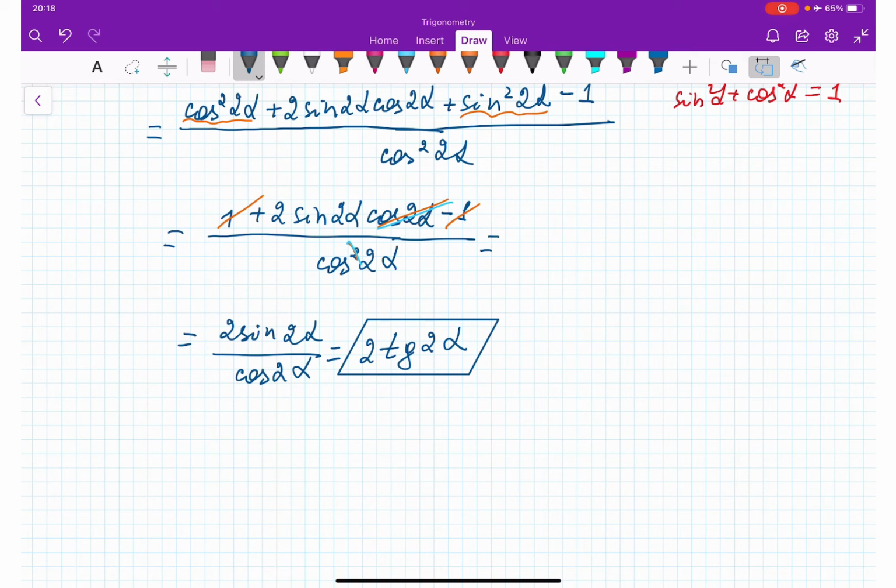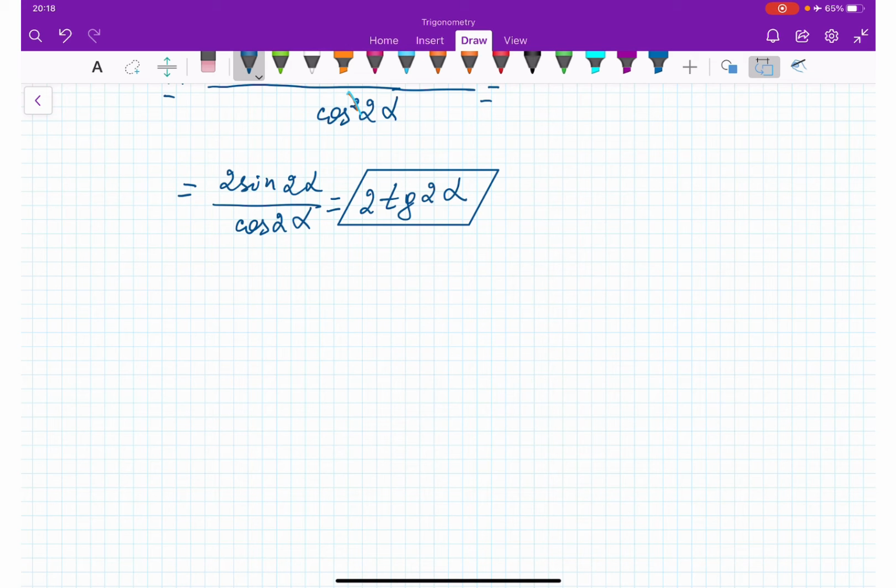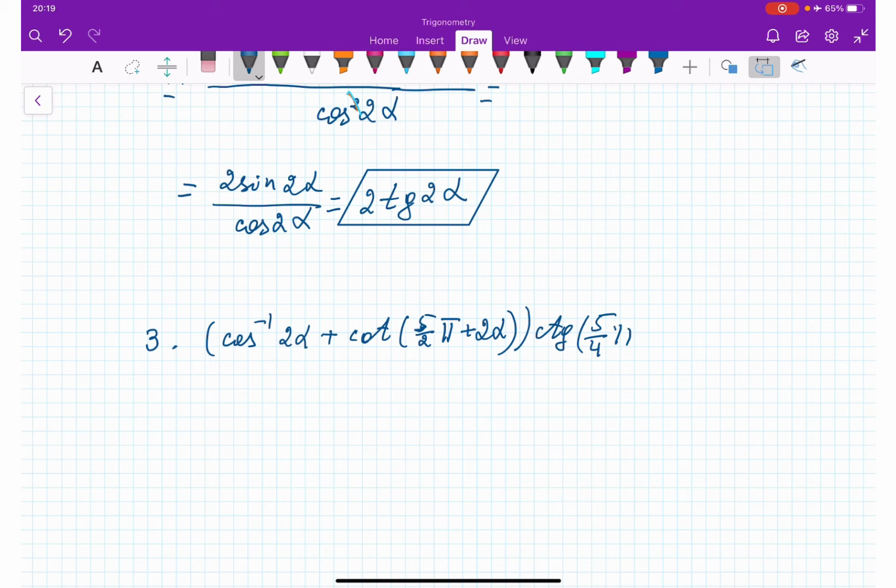Moving to the next proof, number 3. Again, we need to prove cosine to the power negative 1 alpha plus cotangent (5 over 2 pi plus 2 alpha) multiplied by cotangent (5 over 4 pi minus alpha) is equal to 1.